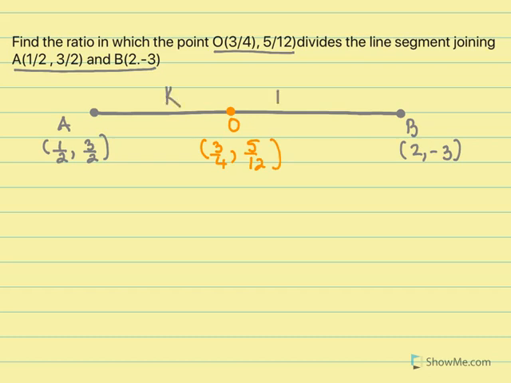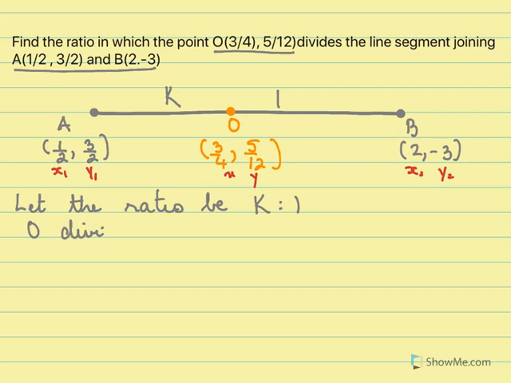So let the ratio be k is to 1. By the section formula, we know (x1, y1), (x2, y2), and this is (x, y). O divides AB in the ratio k:1.